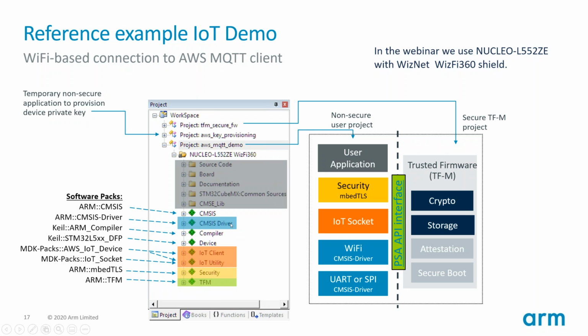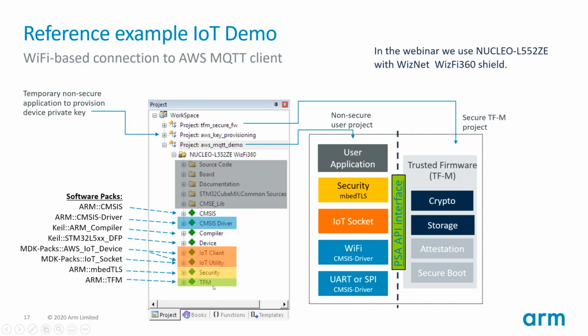So we have some device drivers for the Wi-Fi. We have IoT socket implemented in the client and utility components. We have the security with MBTLS, and what we also have is this TFM block. And the TFM component is needed here just to ensure that the API is available for the project as well.